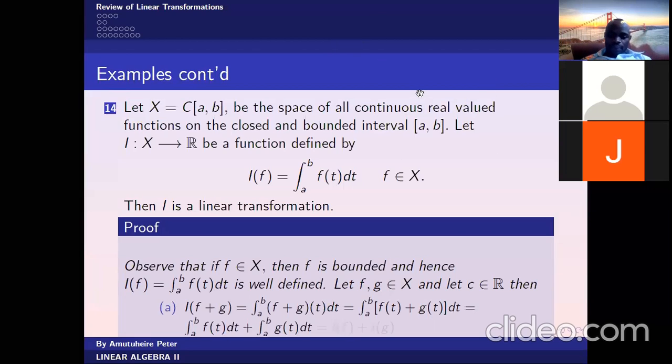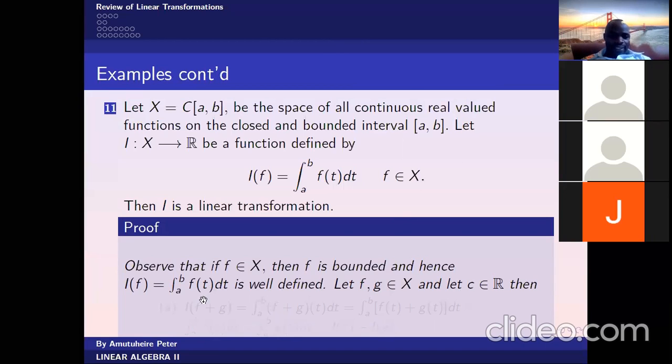So I was telling us that if we pick a function here, then this integral is well defined. So in order for us to check the other two properties, we pick two elements of X, but elements of X are functions.